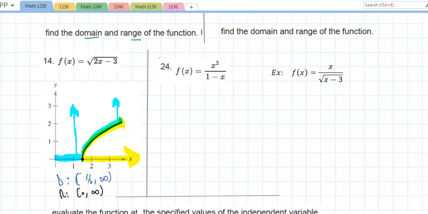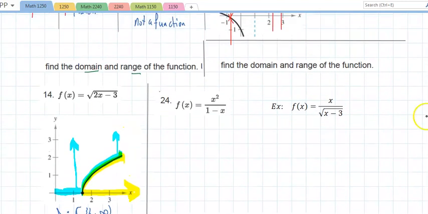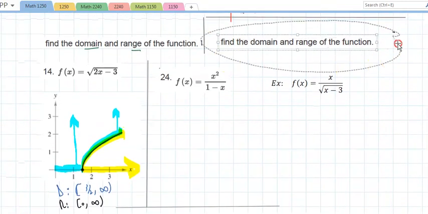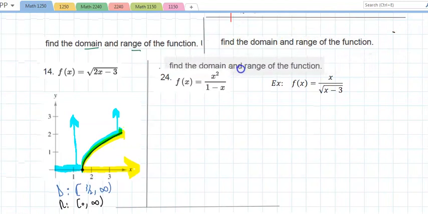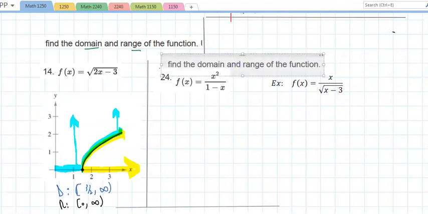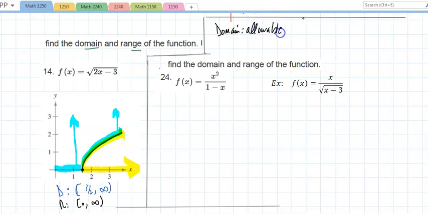Now, a quick refresher. Whenever we talk about domain and range, domain is allowable x values. We said that already.